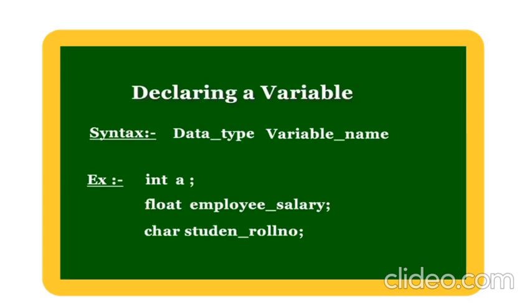Here is the syntax to declare any variable: data type and variable name, like int a, float employee salary, or char student roll number. When you know that your results are going to come in floating point, at such moments you need to declare that variable as a float.